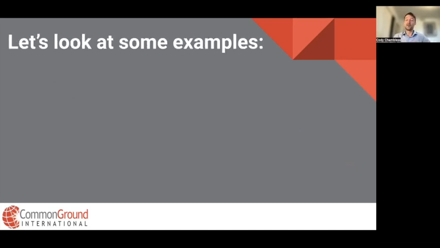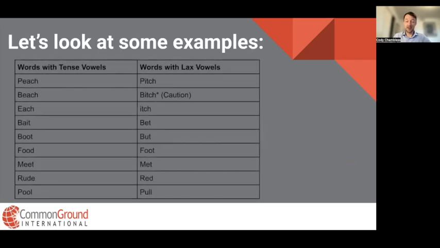So, for example, let's think about some of these different words. This left column are words that have tense vowel sounds. The right column are words with lax vowel sounds.